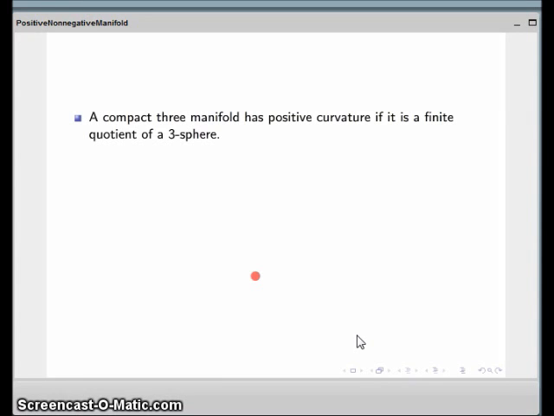So you may have something called a lens space. But if you assume the 3-manifold has simple topology, then you only have the sphere.